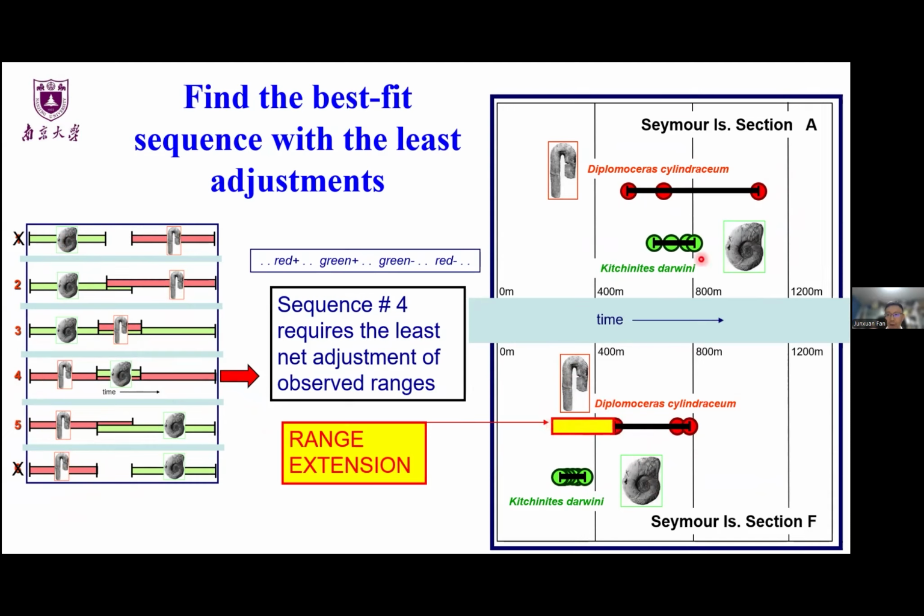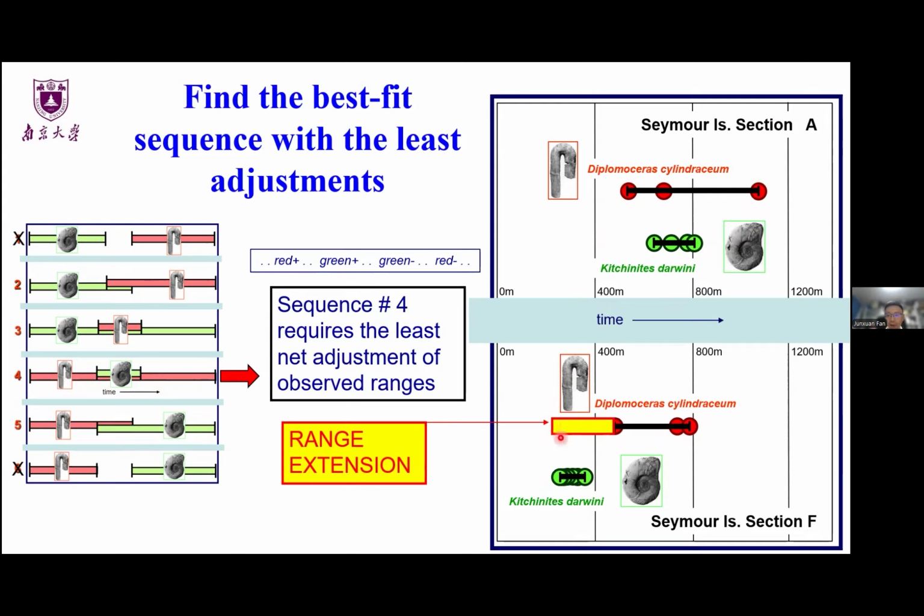Then the local observations of the two taxa on the two sections become consistent. That means the first appearance of the red one, then the first appearance of the green one, then the red one's last appearance, and then the green one's last appearance. So they become consistent with each other, and also consistent with sequence number 4.